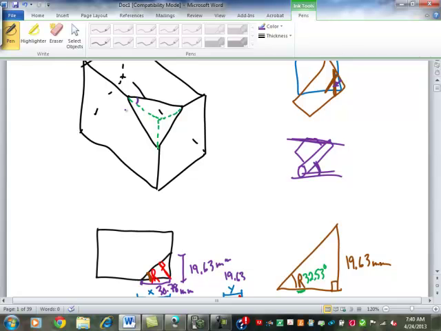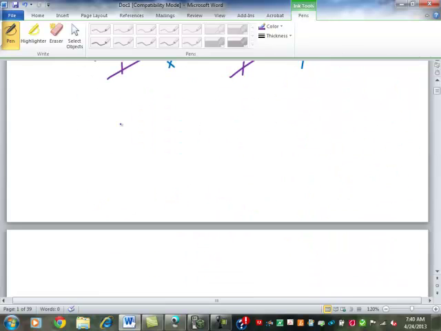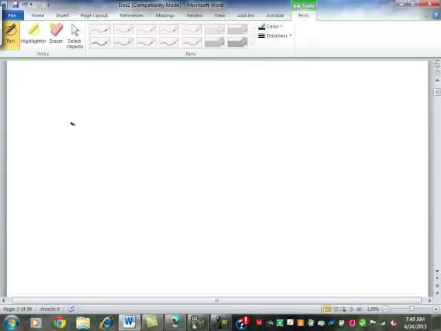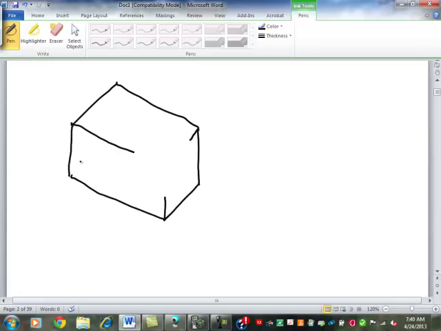What we now need, let me redraw this a little bit better. This I hope will give us a better angle.